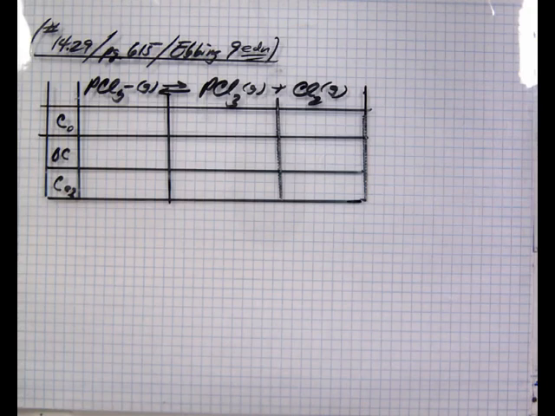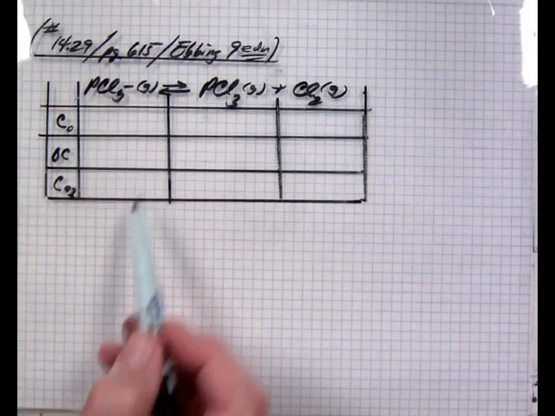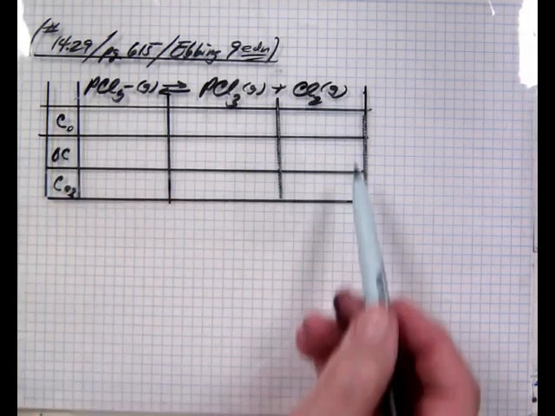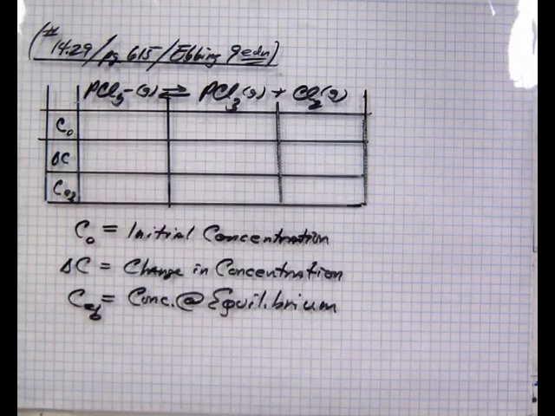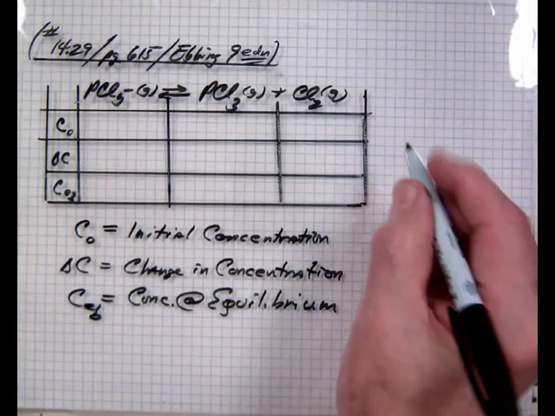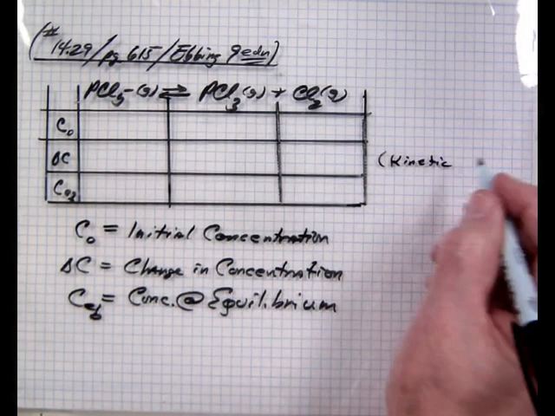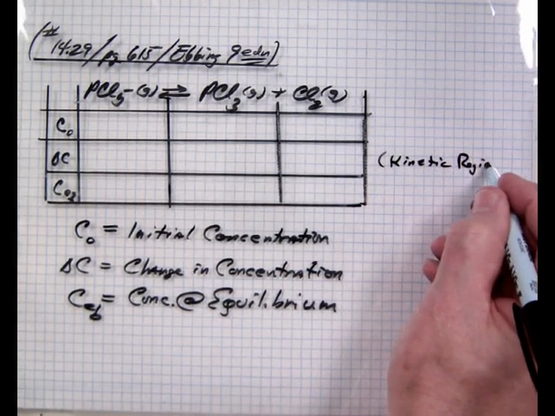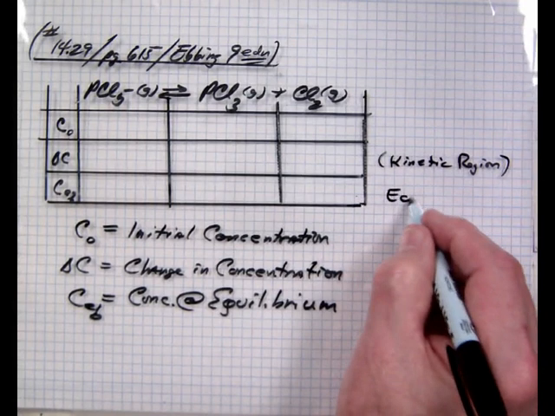When you're approaching an equilibrium problem, step one, write the equation down. And below that equation, construct a little box table, as I've shown you. And this last row is the equilibrium.